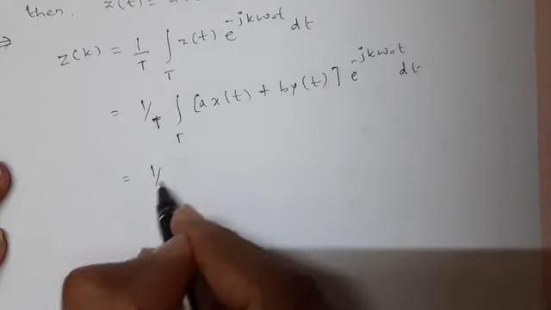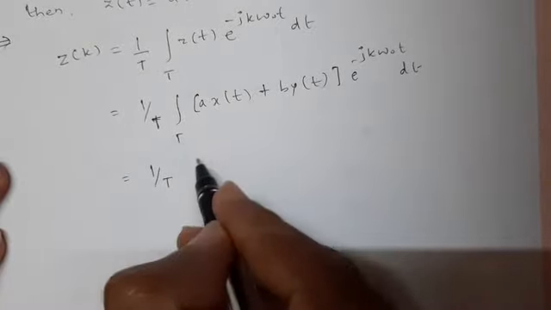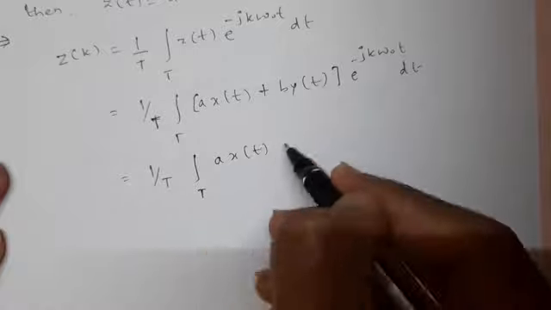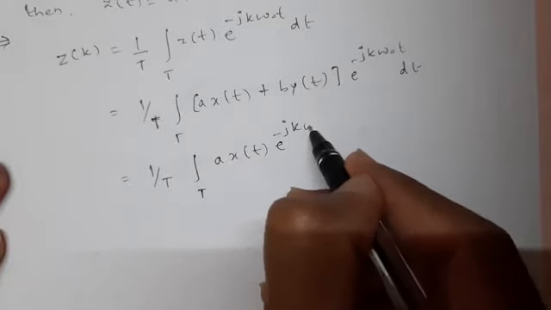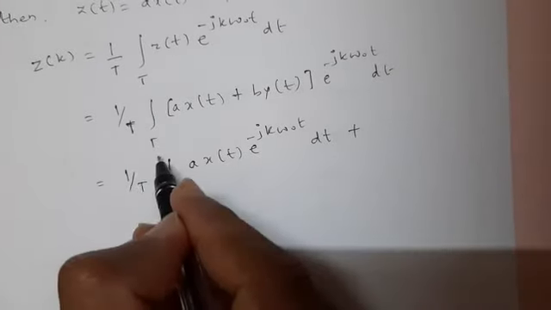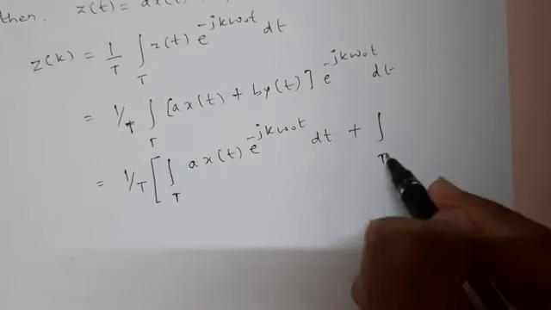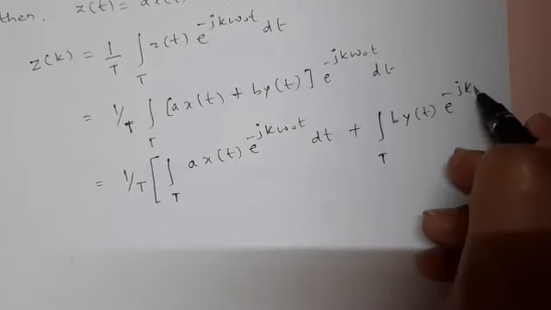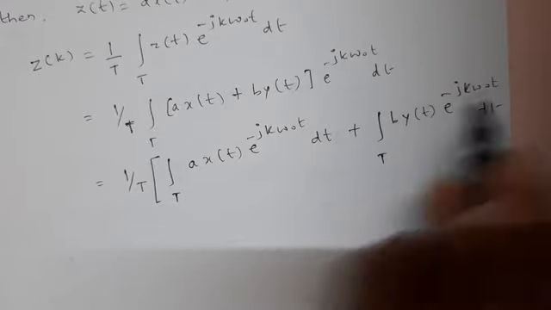Which is equal to 1 by T, separate, remove this bracket, integration over T a x of t e to the power minus j k omega naught t dt plus integration over T b y of t e to the power minus j k omega naught t dt.